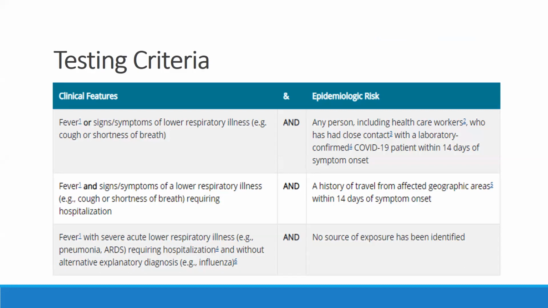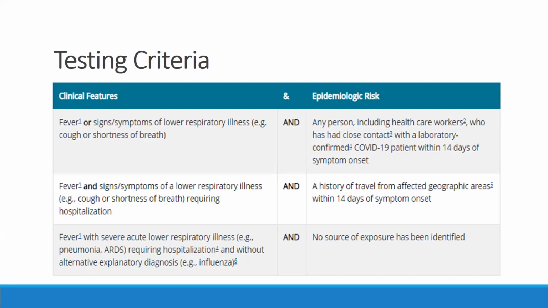We know that testing availability is going to be increasing through those reference labs in coming weeks, but there will still be a period of time when the primary bulk of the testing conducted here in Iowa is through our state hygienic lab. So we're in the process of looking at our current testing criteria and trying to make it a little less restrictive so we can continue to do some testing here in Iowa.